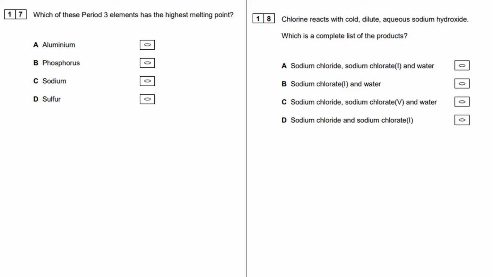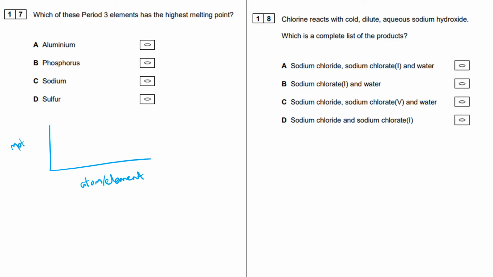Question 17. Which of these period 3 elements has the highest melting point? So you learnt this in the periodicity topic in first year, and you also learnt it in second year when you looked at the period 3 oxides, so you will have revised it then.